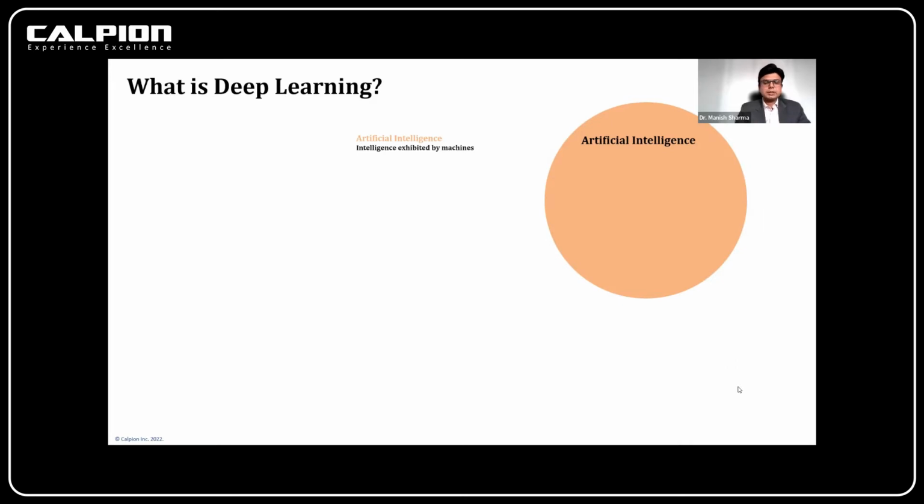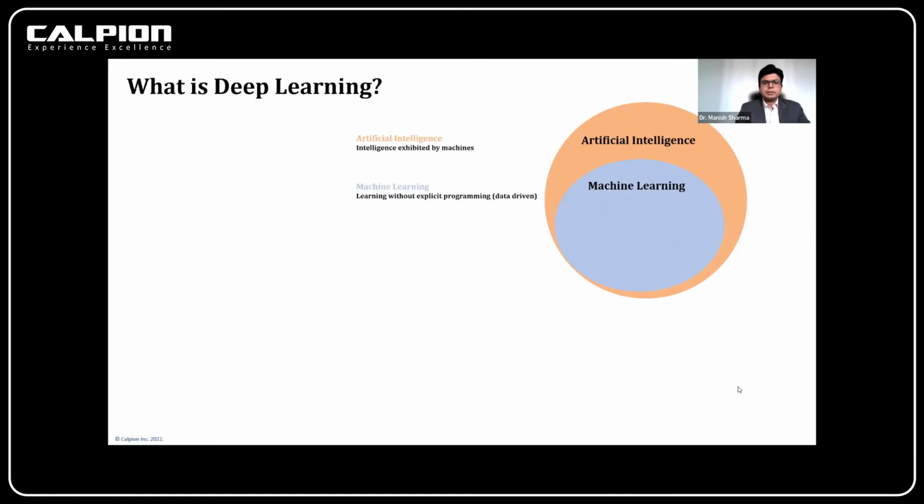So we are interested in the second type of intelligence, which is data-based, and that comes under the subgroup of artificial intelligence known as machine learning. Here, all the decisions are taken by data, and when the data changes, the results change.